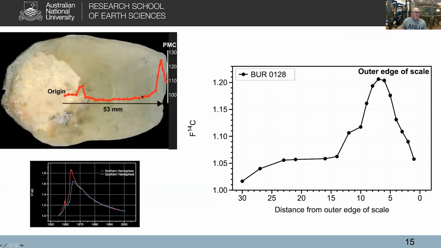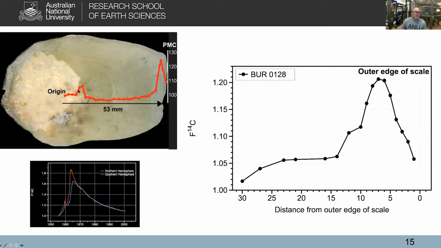So here's a picture of one of the scales, and if we measure the carbon-14 from the outer edge of the scale, the part that's the youngest, we saw the carbon-14 going up and then back down, and then to a plateau area. Fish tend to grow exponentially, so they grow super fast in the early parts of their lives and then grow really quite slowly.